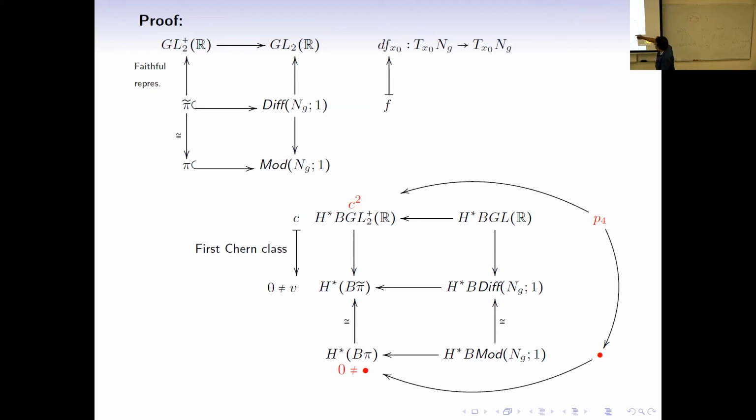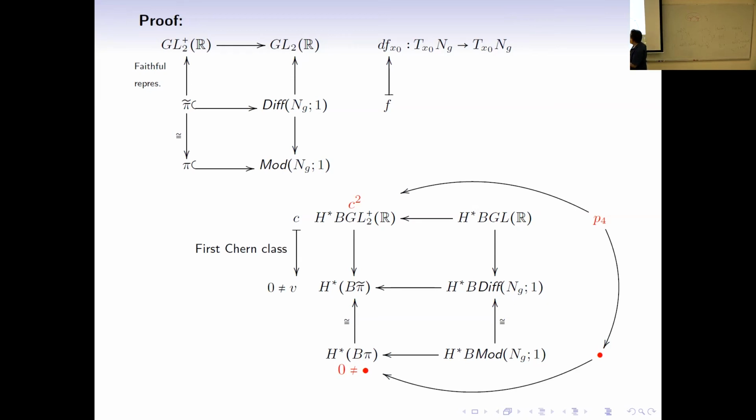And then we can represent the diffeomorphisms by taking a diffeo F with one fixed point to the differential, from the tangent space of the surface at that fixed point to itself, right? So when you restrict that to the group Z/P, then you get a faithful representation inside GL2 plus of R.